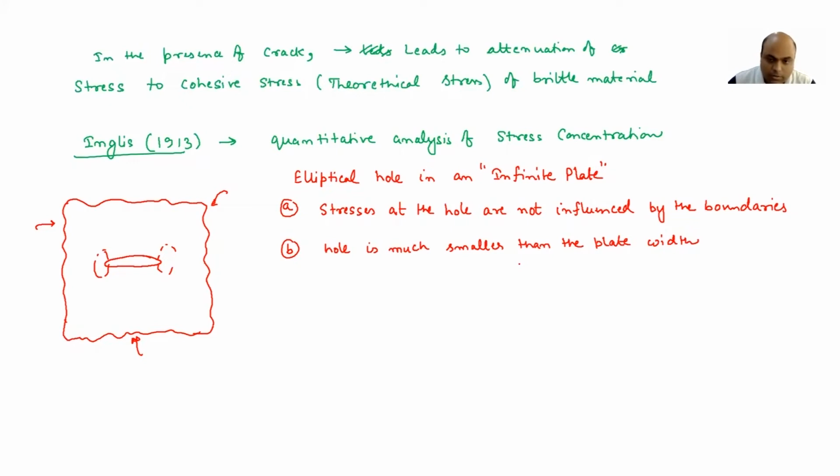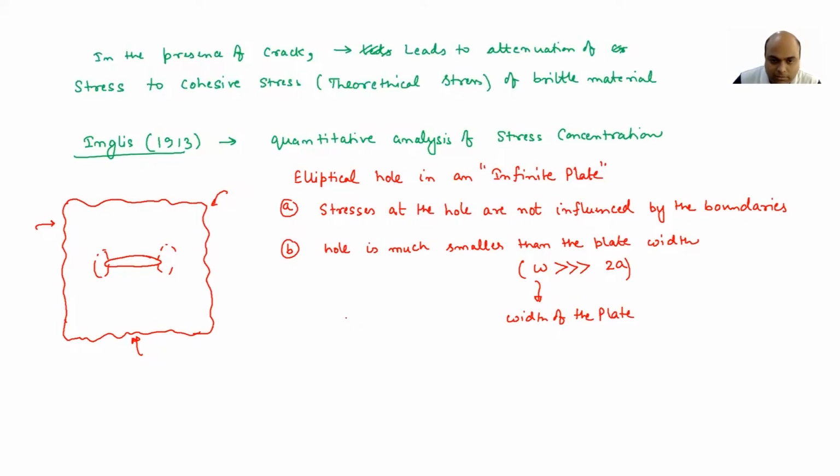Okay. So it means W is much higher than 2A, where W is your width of the plate and 2A is the length of this elliptical hole.